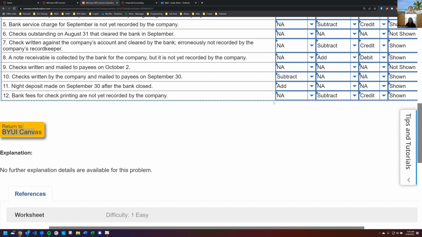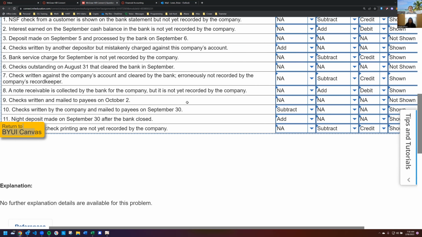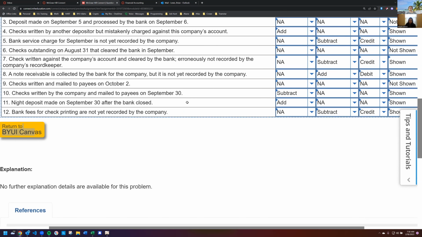Yeah. These are classic examples, all 12 of them, of the types of issues that might show up on a bank reconciliation that you have to either adjust for or not adjust for, right? There's nothing to be done. And some of these are clear, where it's NA all the way across, like this one, right? This is a clear question if you understand what you're looking for.